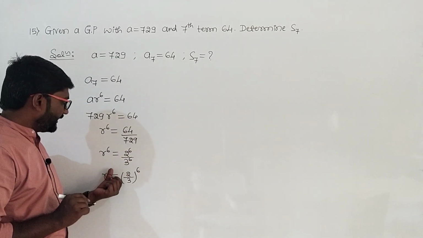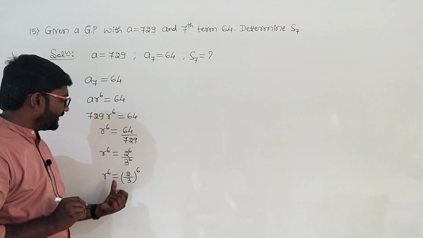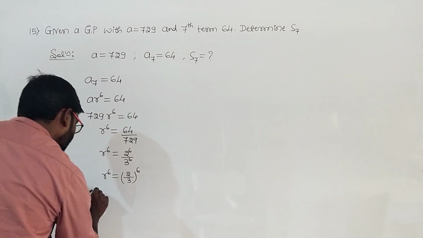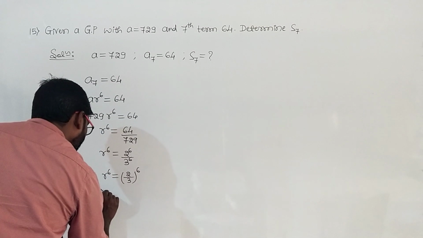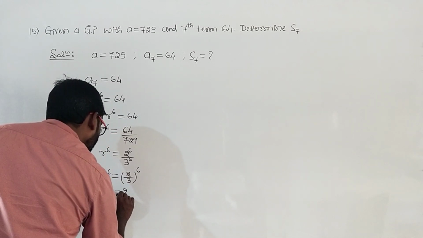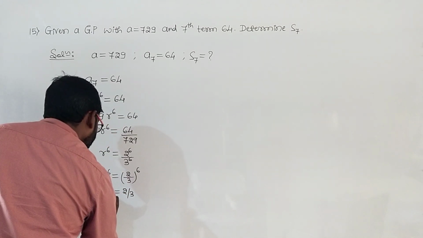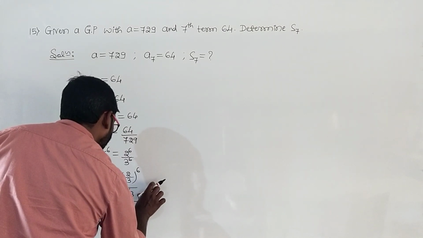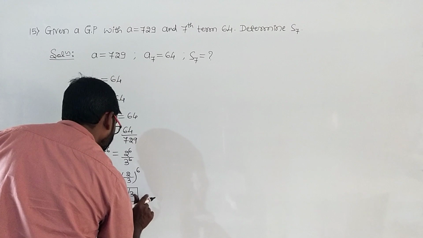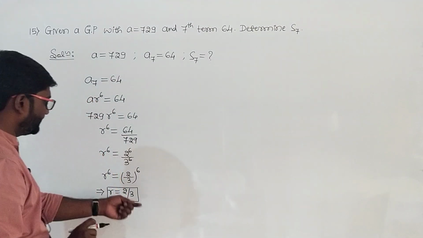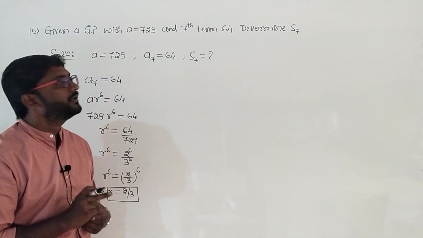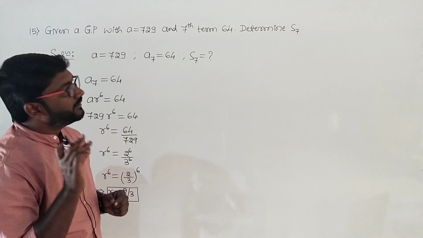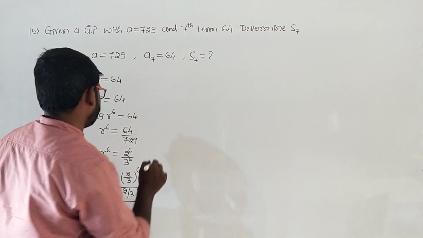So now the powers are same, you can equate the bases. This implies R, which is equals to 2 by 3. So you have calculated the common ratio, which is 2 by 3, that is going to be less than 1. And he says find S7 or determine S7.